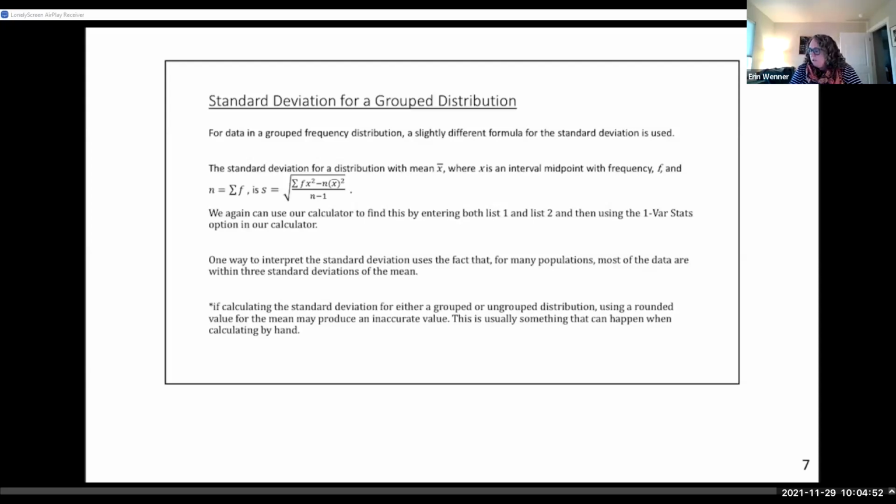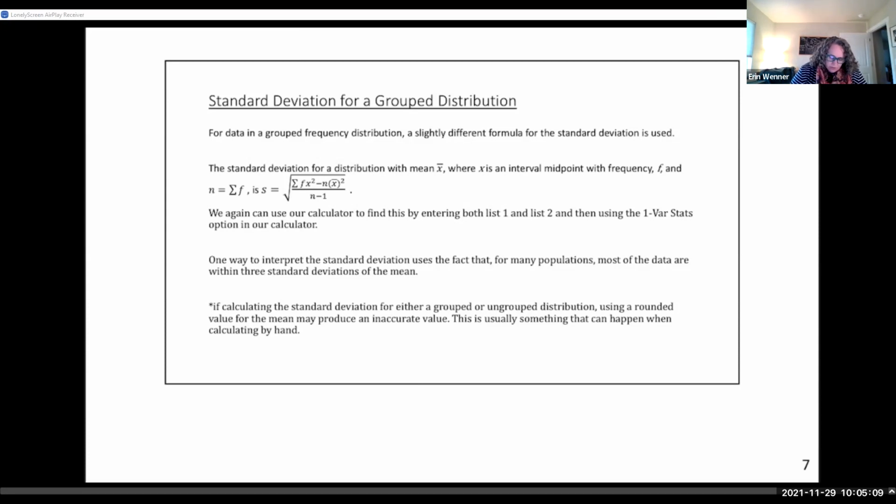So again, remembering we're picking up standard deviation. What we have here is standard deviation for grouped data. We still have these formulas, right? We're not doing these by hand.